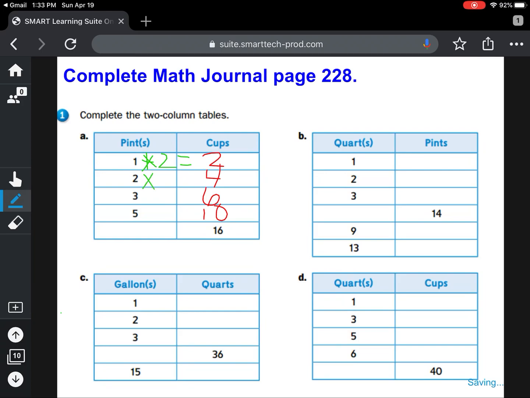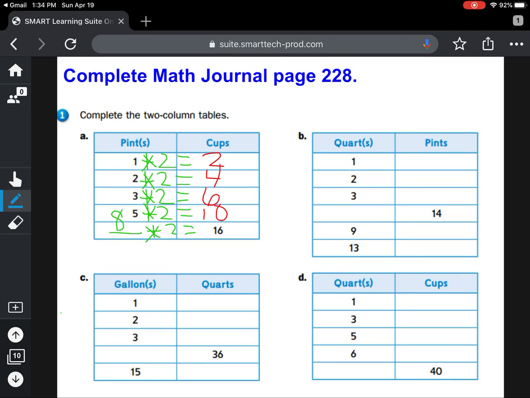So 2 pints times 2 equals 4 cups, or 3 pints times 2 equals 6 cups, or 5 pints times 2 cups in every pint equal 10 cups. So then you can think to yourself, what number times 2 equals 16? And you should know that 8 times 2 equals 16. So 8 pints is equivalent to 16 cups.